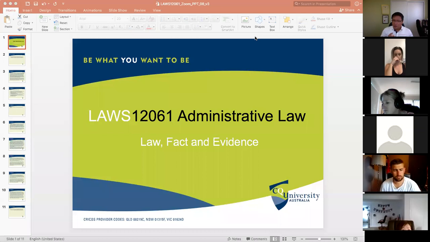A good legal issue is one which says the legal issue is whether or not judicial review is available under the ADJR Act or maybe Section 39B of the Judiciary Act of 1903 on the ground that there is a breach of natural justice. So by pinpointing the particular concepts or themes that you are looking at, when you discuss the relevant rules, you'll only be talking about the ADJR Act or Section 39B of the Judiciary Act, and you will only be talking about natural justice.